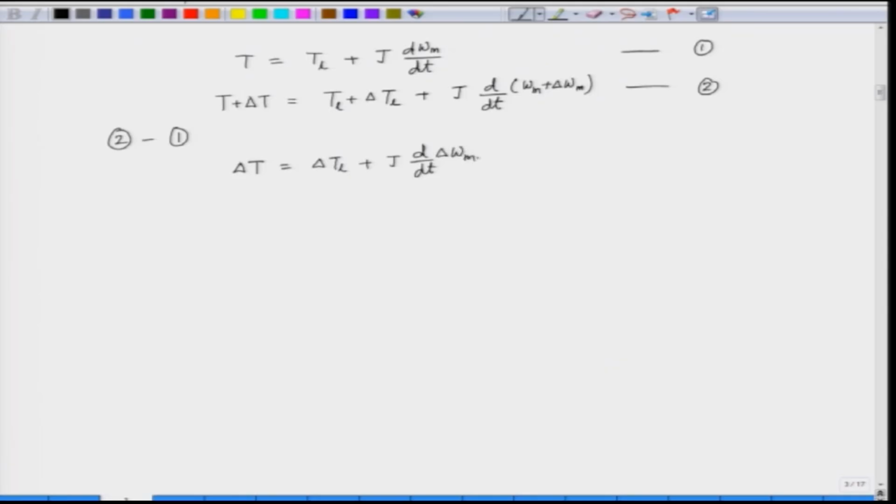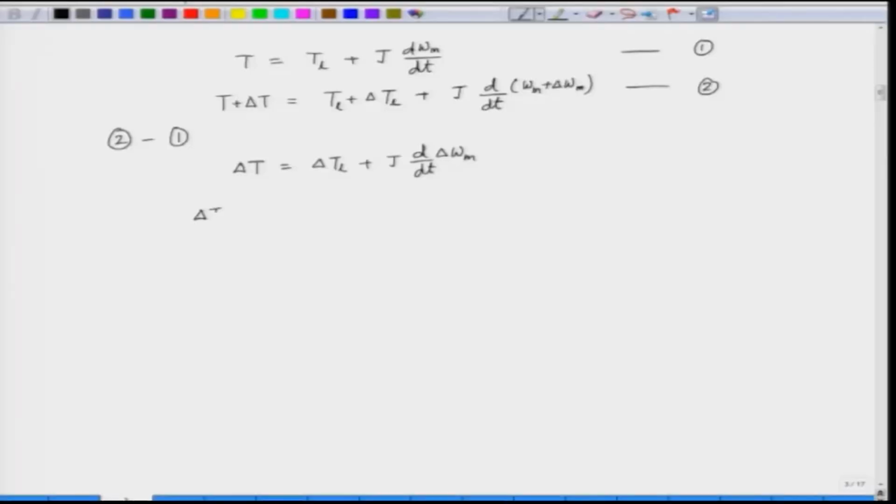Now, this is a small signal equation about the perturbation delta T, delta omega and delta TL. From this equation we can show whether an equilibrium point is stable or unstable.